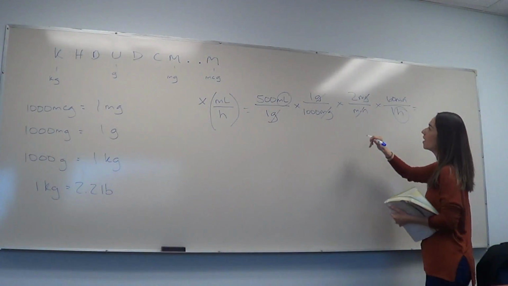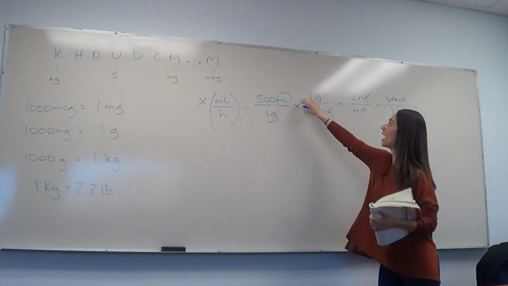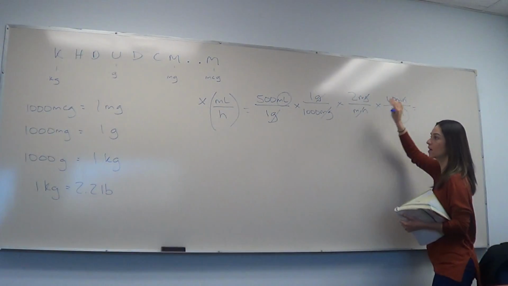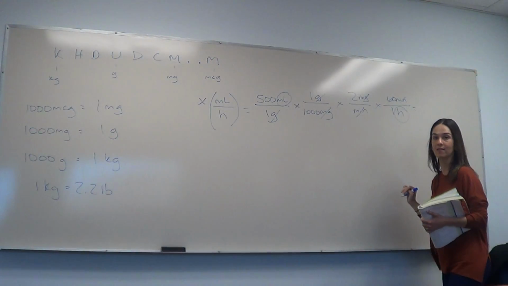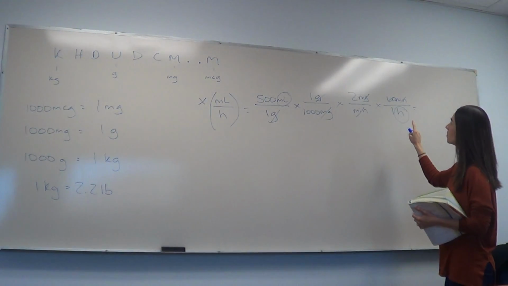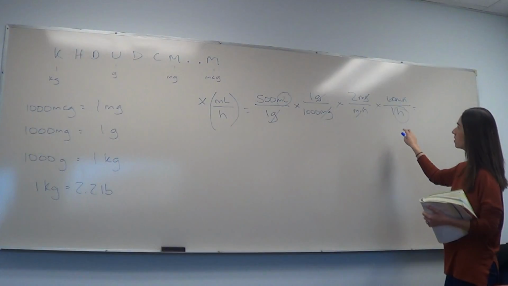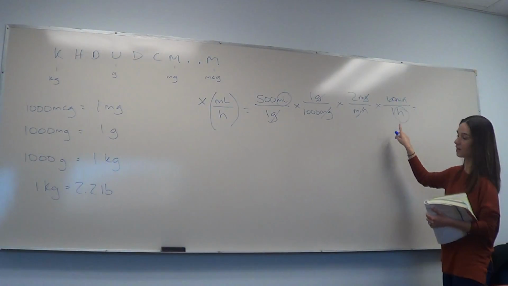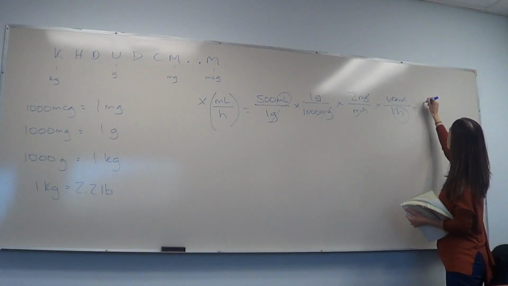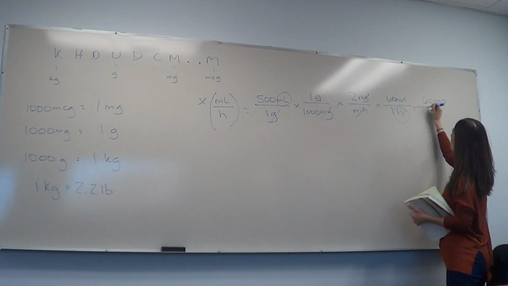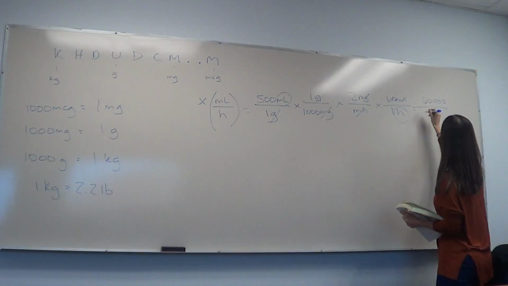And always make sure you multiply the entire top across, you multiply the entire bottom across, then you divide at the end, okay? So when you multiply that across, you should get 60,000 divided by 1,000.